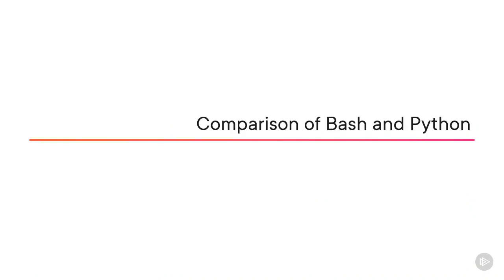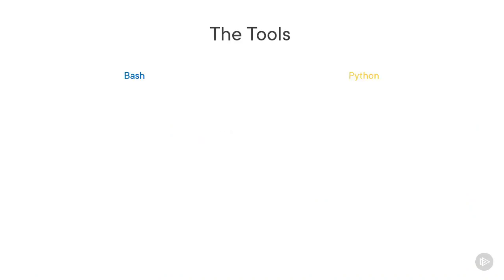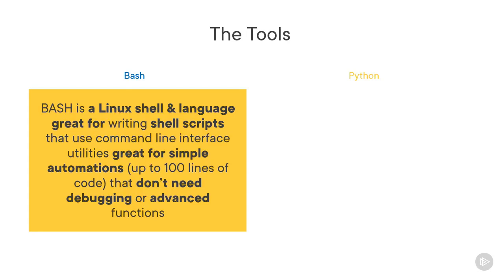Let's dive into a comparison of Bash and Python. So let's look at the tools first. With Bash, it's a Linux shell and language that's great for writing shell scripts. It's in a command line interface, and it's really great for simple automations of code that are 100 lines or less. It's also good when you don't need debugging or have advanced functions that you need to perform with these scripts.